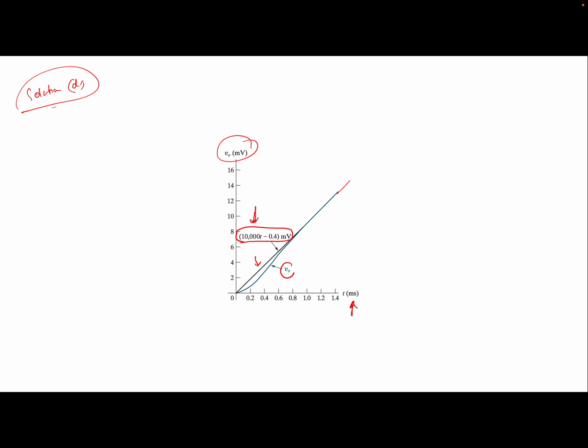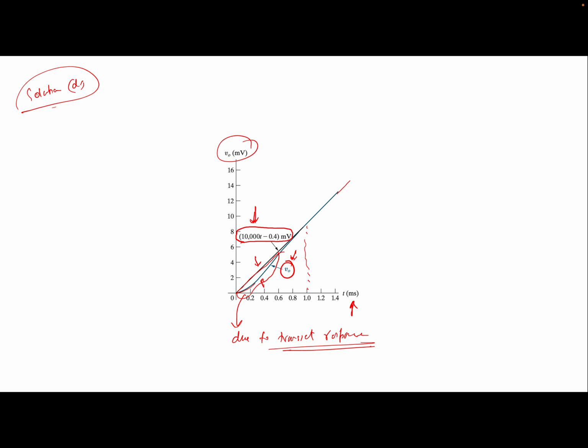Interestingly, this blue curve which goes slightly away is your actual V naught. The actual V naught is slightly different from this linear ramp just because of the transient response. So this portion is due to the transient response. And interestingly, within almost 1 millisecond, it goes away.